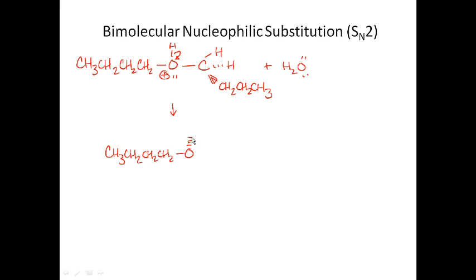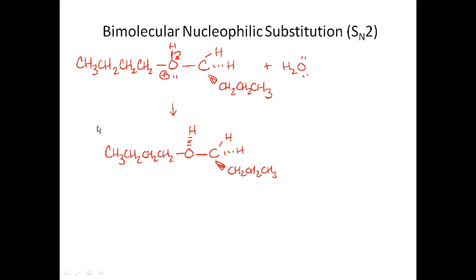The oxygen-hydrogen bond is partially breaking. And once this O-H bond breaks and the pair of electrons goes back to the oxygen, the H then is going to leave as an H+.